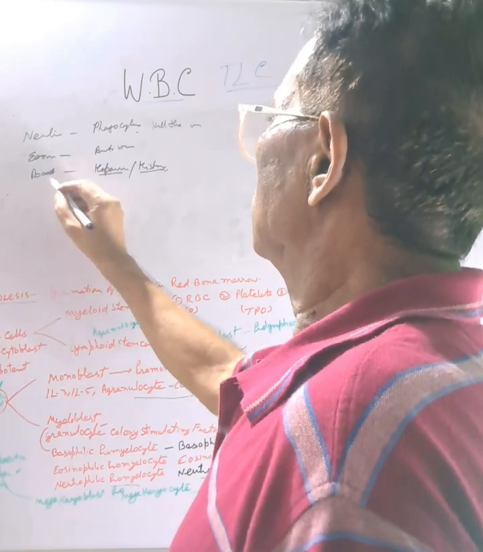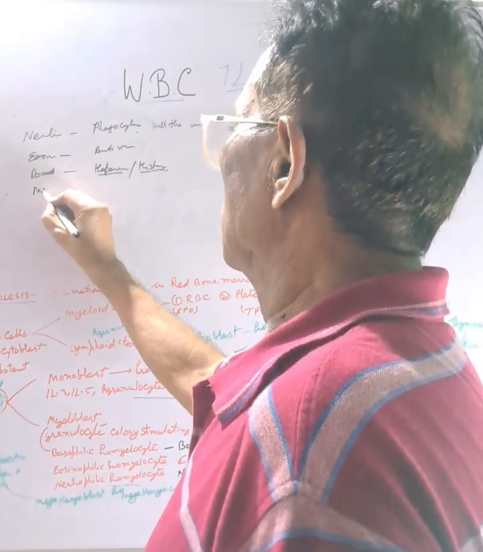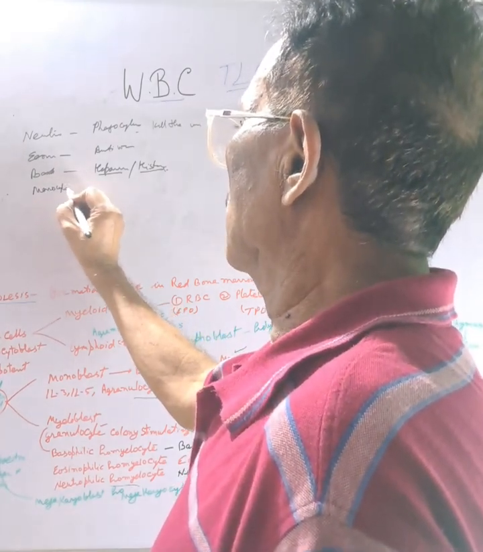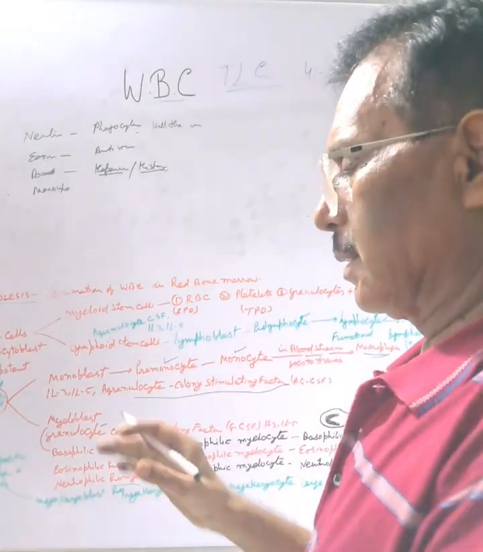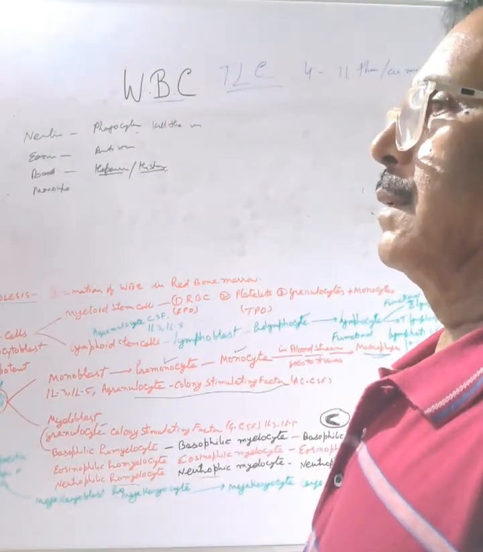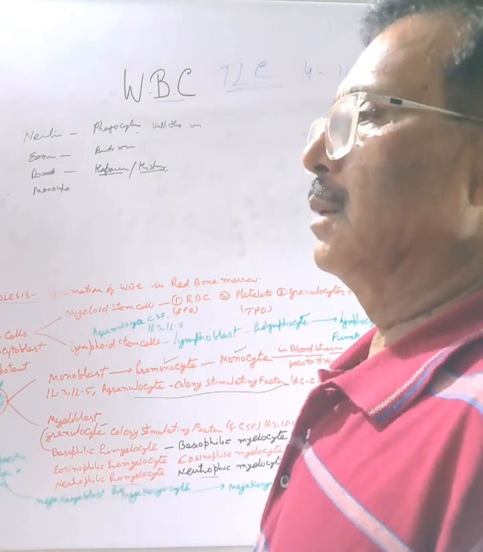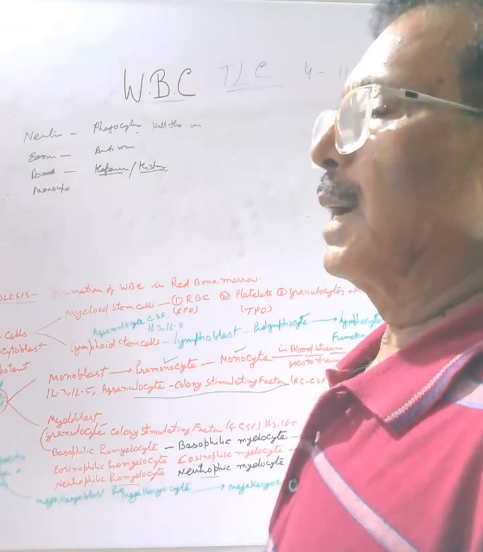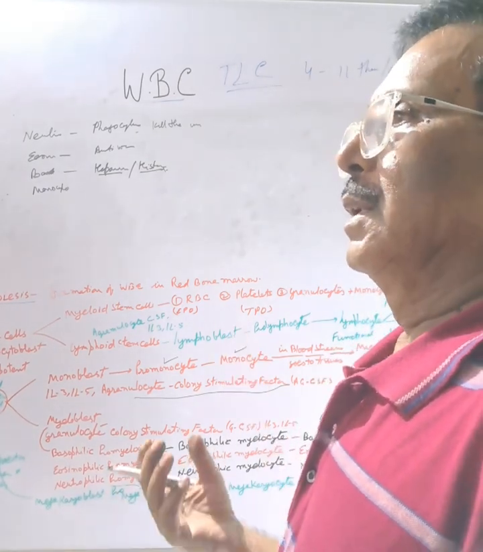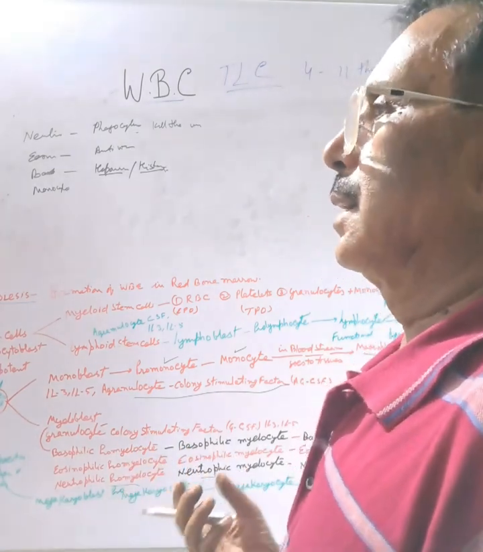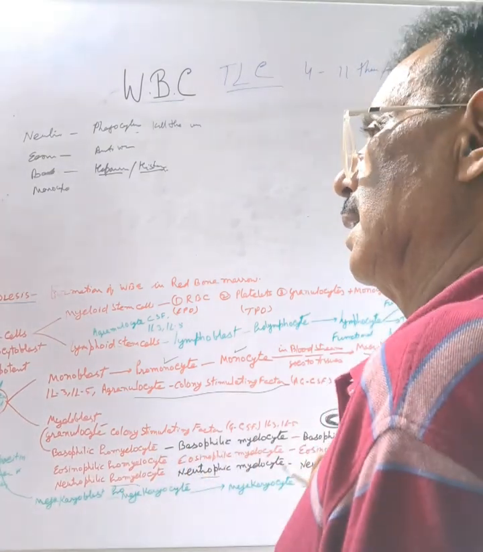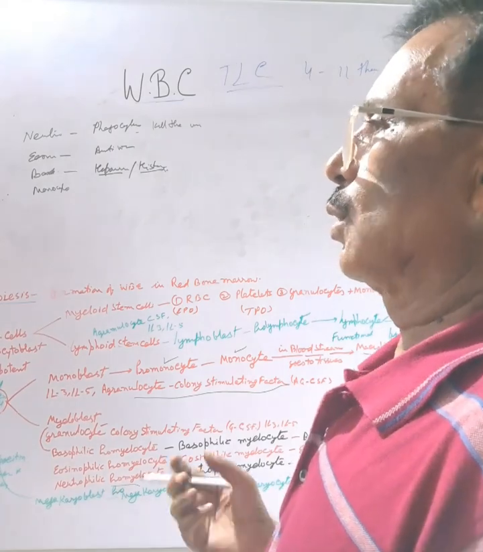Now monocyte, we talked about monocyte. In the bloodstream it is circulating and migrates into the tissues where it remains as macrophage, or in CNS it is known as microglia, in lung alveolar macrophage, liver Kupffer cell, and in bone osteoclast.